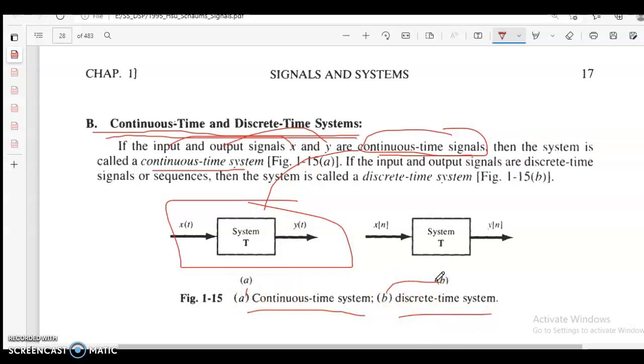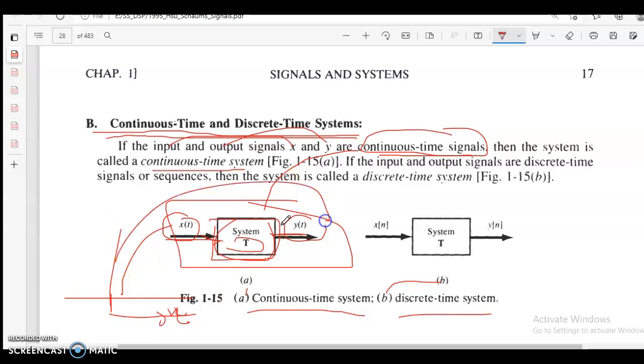Here x of t is the continuous input, T is the operator, and the output y of t is continuous.